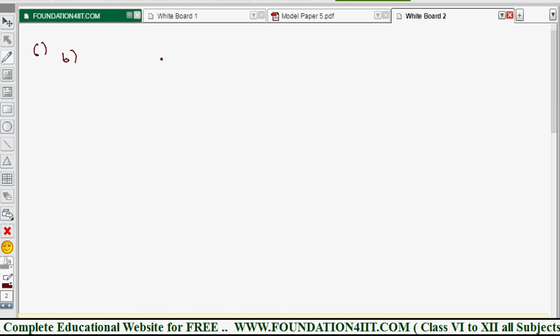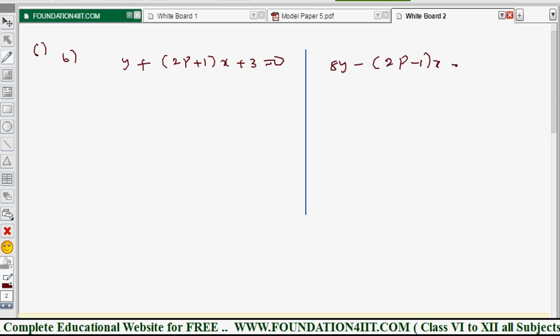The given equations of the lines are: y plus (2p plus 1)x plus 3 is equal to 0. This is one equation. And one more, 8y minus (2p minus 1)x is equal to 5. This is the second equation. We need to convert to y equals mx plus c format, because m is the slope.